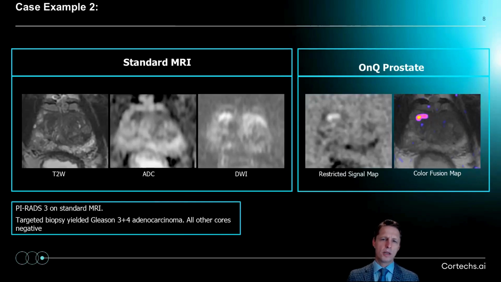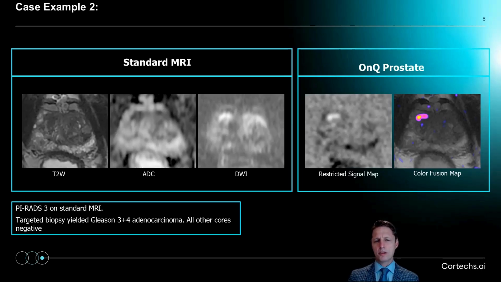Here's a case where the radiologist called a PI-RADS 3 lesion, so essentially indeterminate on standard MRI. Many urologists only target PI-RADS 4 and 5 lesions. Then the OnQ Prostate images right alongside of it, and you can see a clear demarcation of the lesion in the anterior aspect of the gland here, showing up pretty clearly on the restricted signal map as well as the color fusion map.